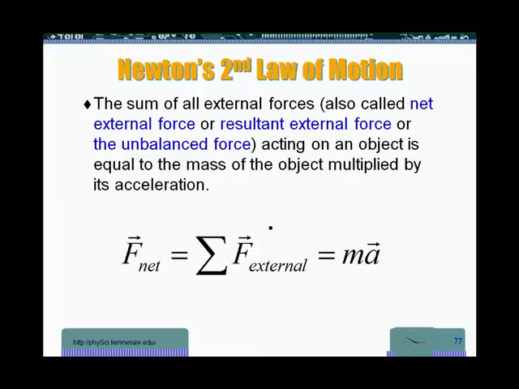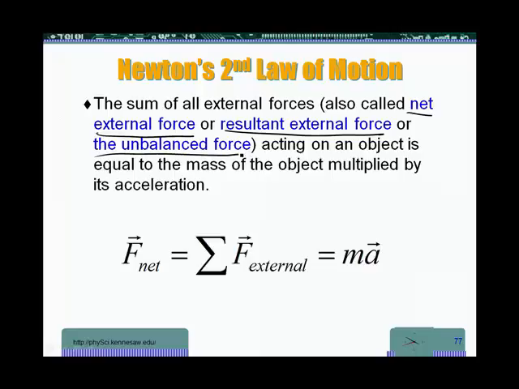Now, here is Newton's second law. What does Newton's second law say? The sum of all external forces, we also call it net force, net external force, or resultant external force, or the unbalanced force acting on an object is equal to the mass of the object multiplied by its acceleration.